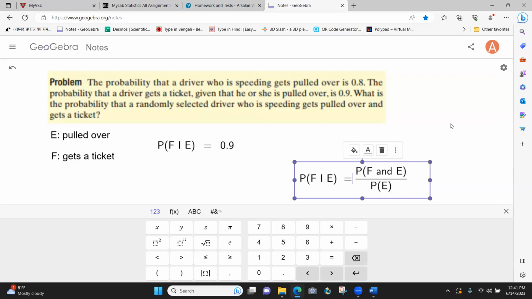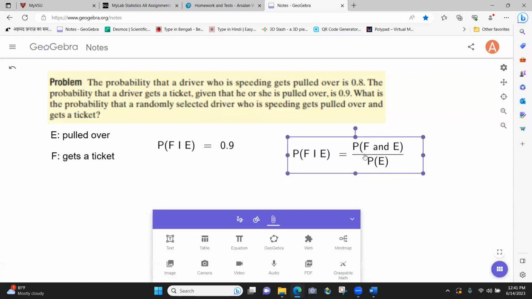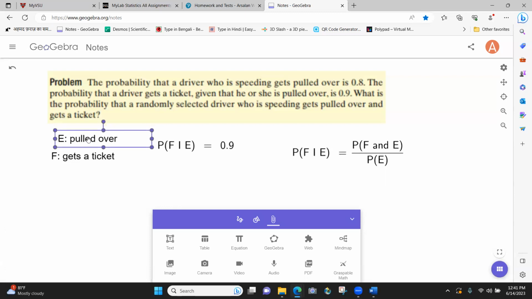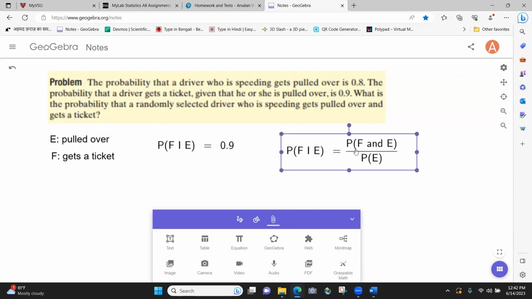Okay, so I can say this. This is from my previous slide. Now I do know 0.9, and what's E? Being pulled over. The probability of being pulled over is 0.8. So I know this, and I need to find this.